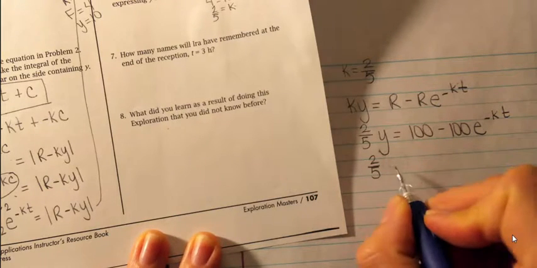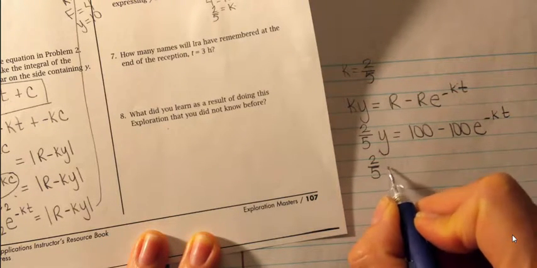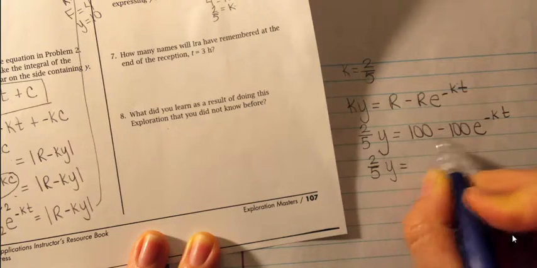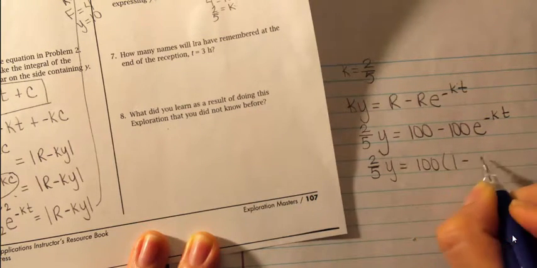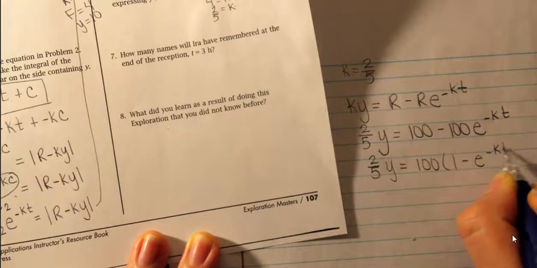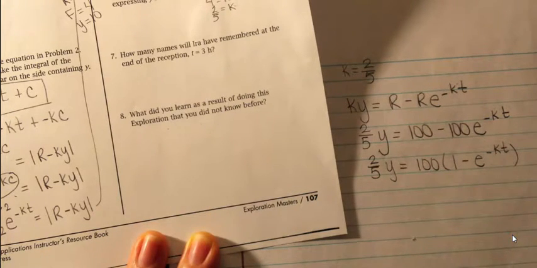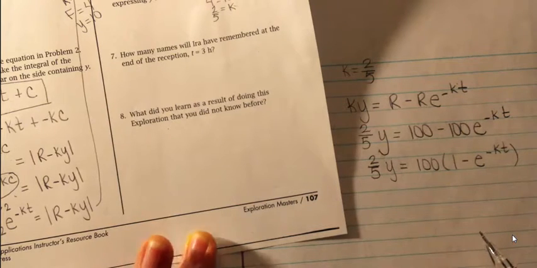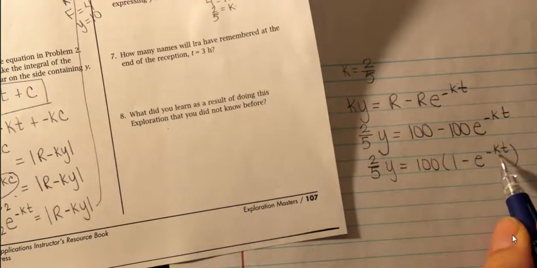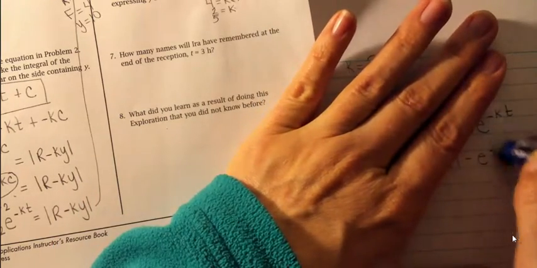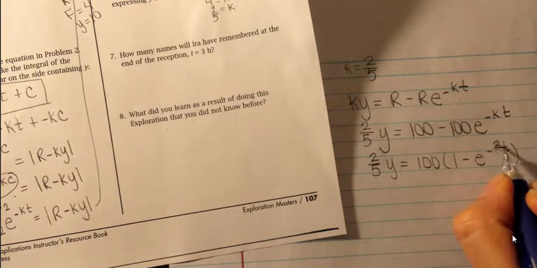So rewriting it, that's 2/5 y equals, I'm going to factor out 100 here, times 1 minus e to the negative kt. I also know what k is, so I should plug that in right there, which is going to be a negative 2/5. I could have done that up here, I just forgot.